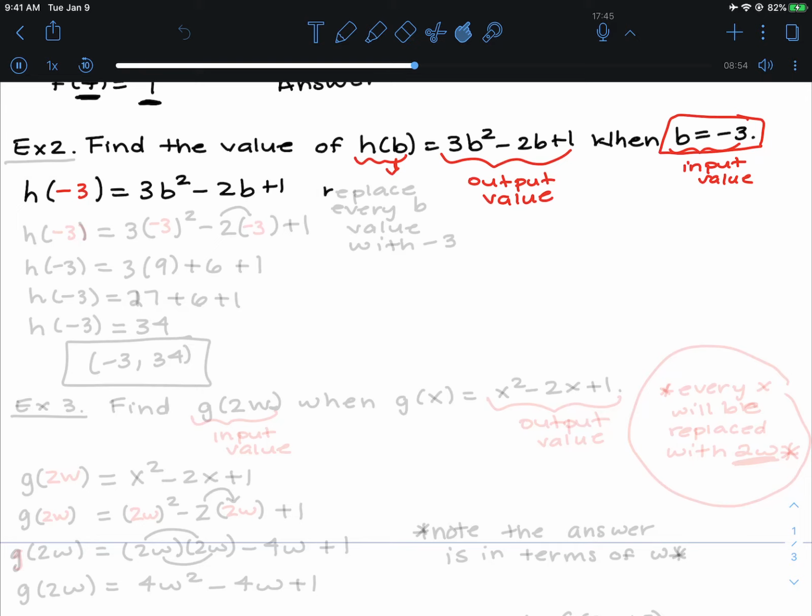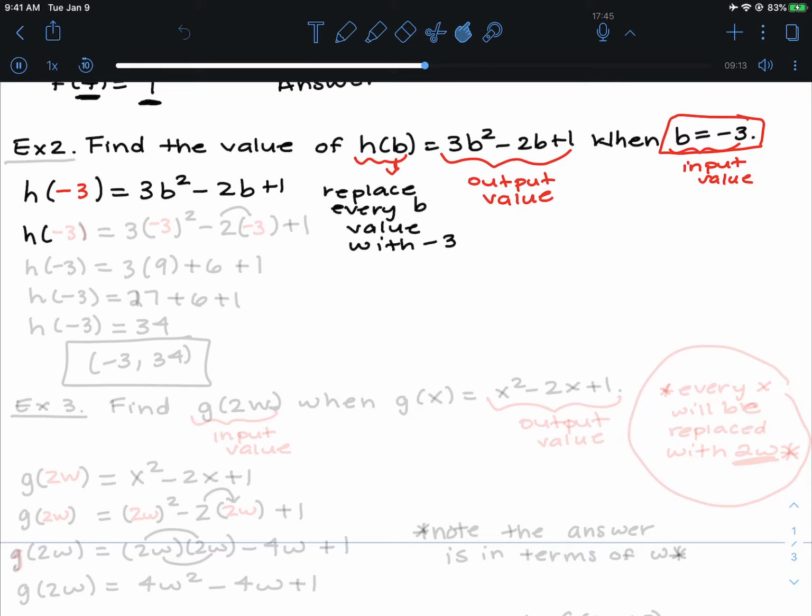So that means that we're going to replace every b value with -3. So that means that I should not see any more b's. Wherever I have a b, I should see a -3.